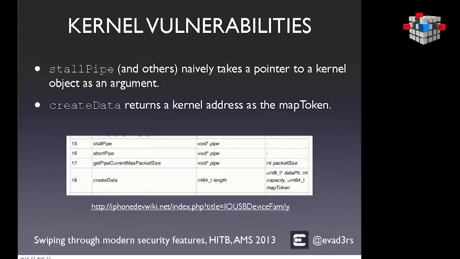Stall pipe, without doing any serious checking, just accepts a pointer that's provided to it from the user side, and imbues a lot of importance onto it, and assumes that it's correctly formatted and it's the right kind of object, and you'll see in a second why it's not.